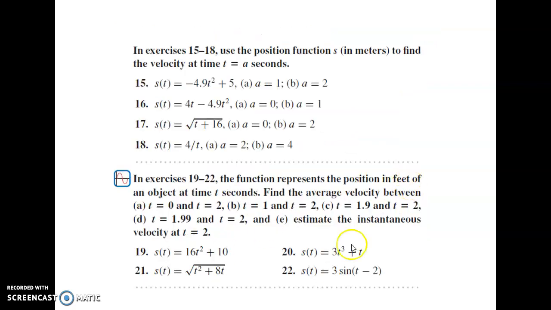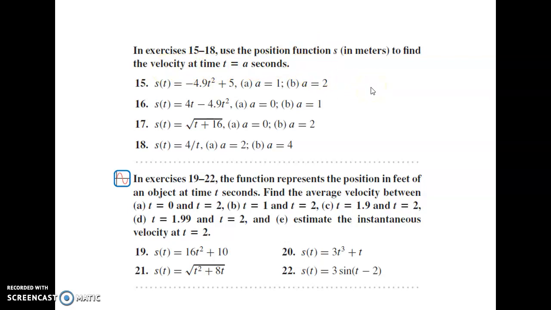These are some more examples where the position function is given and you are asked to find the velocity at t equal to 1. That means velocity means instantaneous velocity.